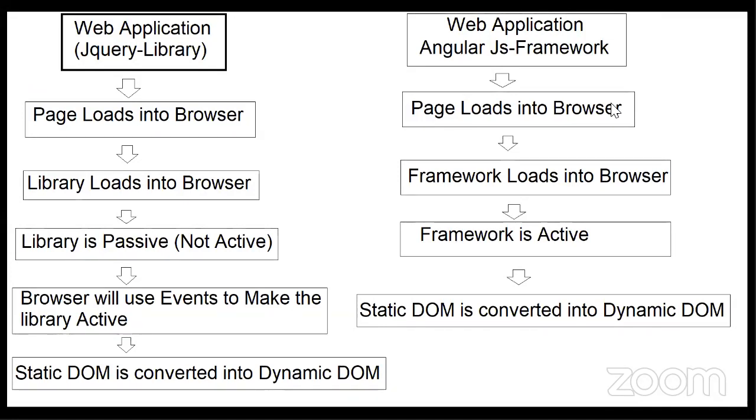AngularJS is a framework. So what is the ability of a framework? A framework has the ability to build the application as well as to control the application flow, right?